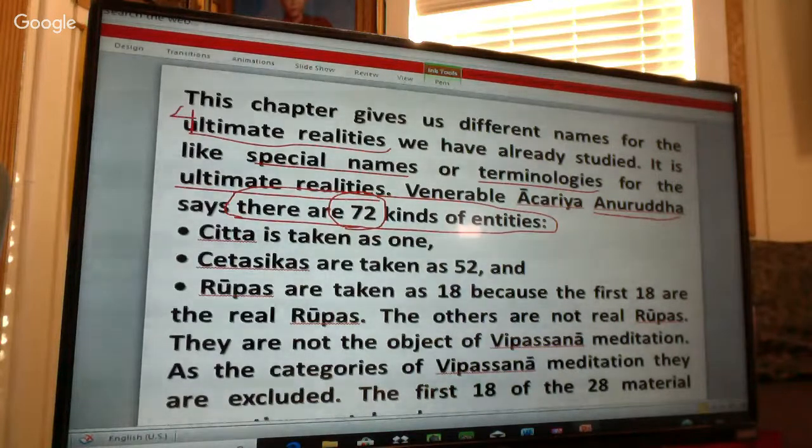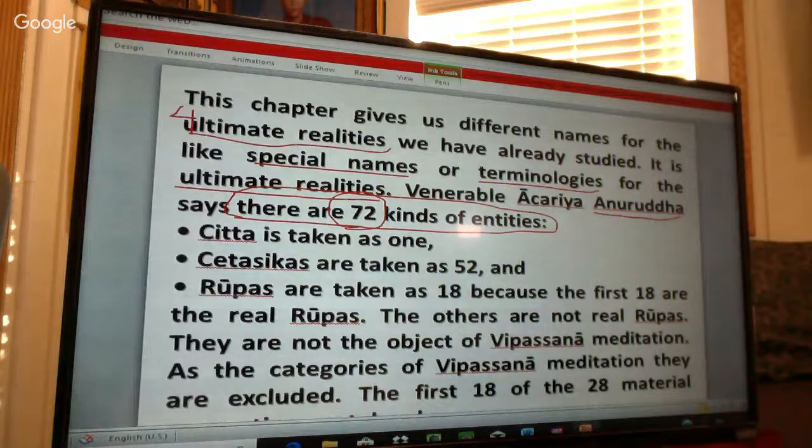If you look from a different view, maybe not 72 entities, more than 72. But here Anuruddha says 72 kinds of phenomena.